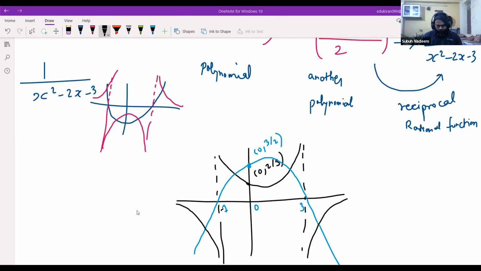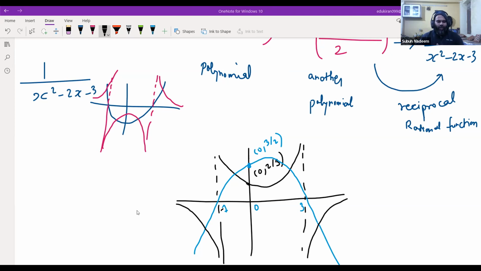Sir, so should we only take the reciprocal of the denominator? What type of questions are you asking, Sathya? If it is given that you have to find a function, so first you draw the denominator of that function if it is a polynomial function. Then you take its reciprocal. You actually see what the question is.